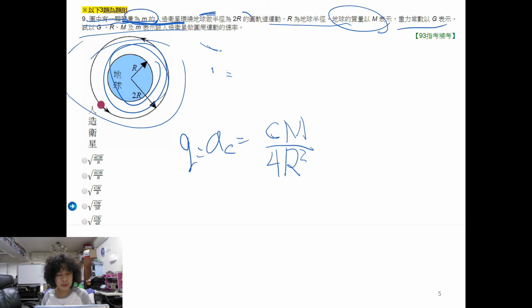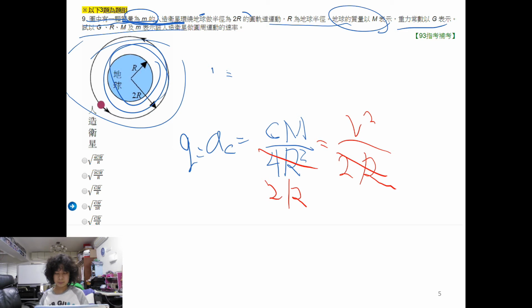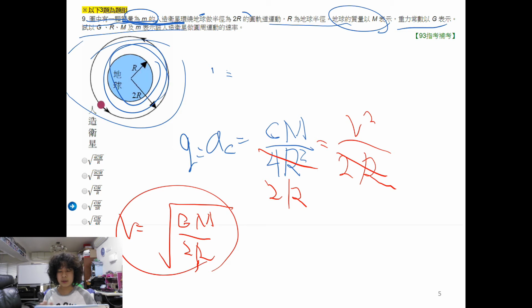You can see clearly right here. And this is also equal to v squared divided by 2r. So you cancel, you get 2r, so v equals the square root of GM divided by 2r. So v equals this, so you get the answer.